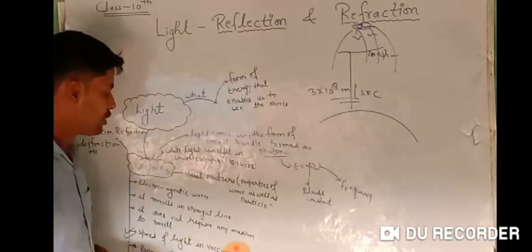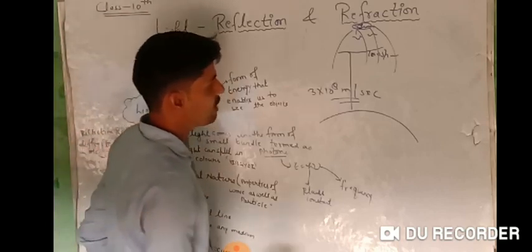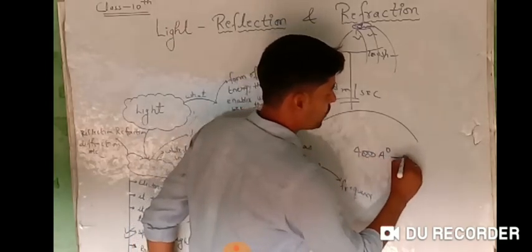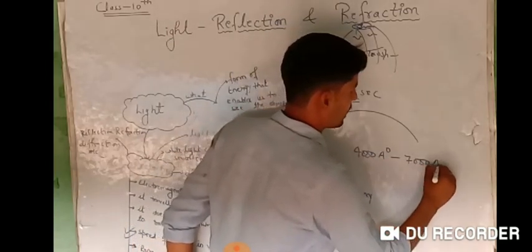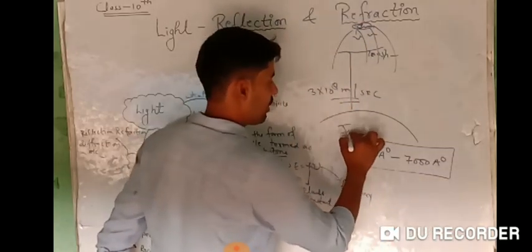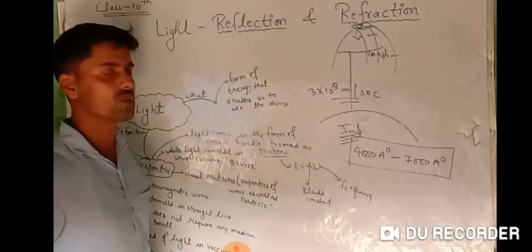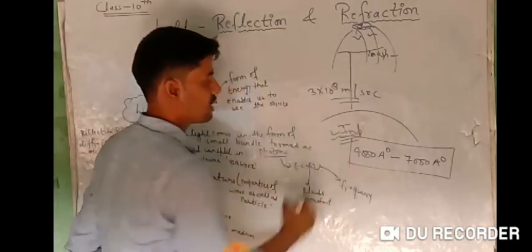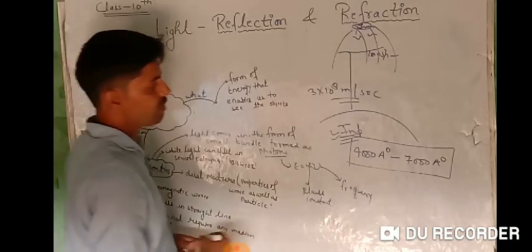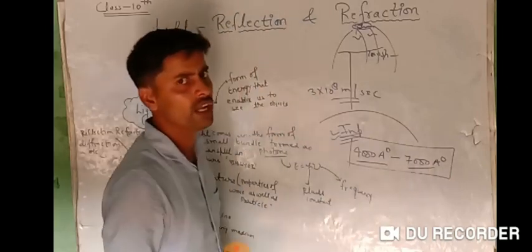Now, the range of visible light is between 4000 angstrom to 7000 angstrom. This fact is very important. Sometimes it is asked in your paper also. It is important from the exam point of view also. So the range of visible light is 4000 angstrom to 7000 angstrom.